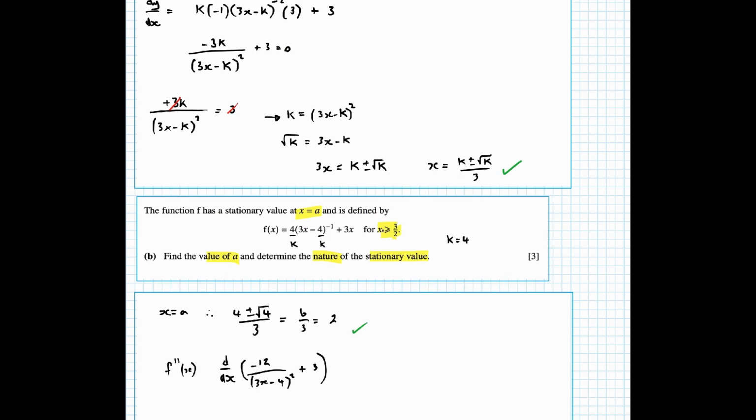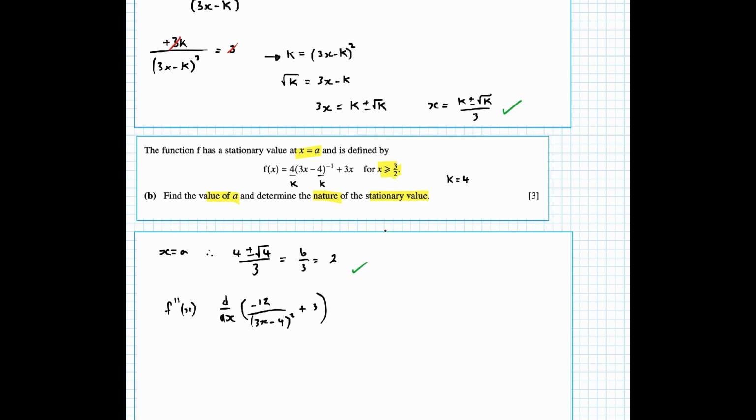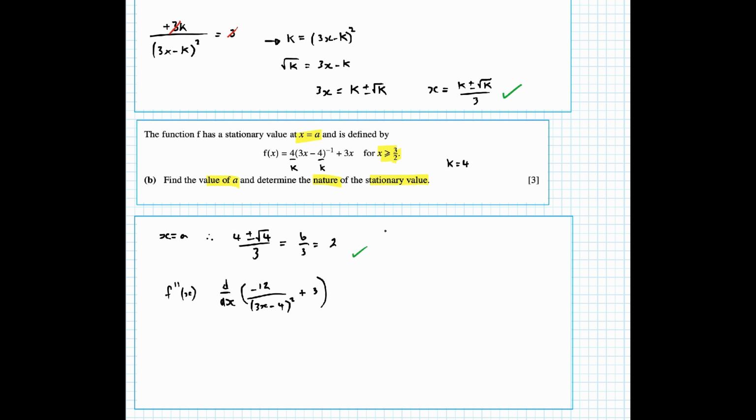And then we just do that. So minus 12 times minus 2 times 3 is plus 72. And we have to the root 3. So 72 over 3x minus 4 to the root 3. Sorry, to the power of 3.